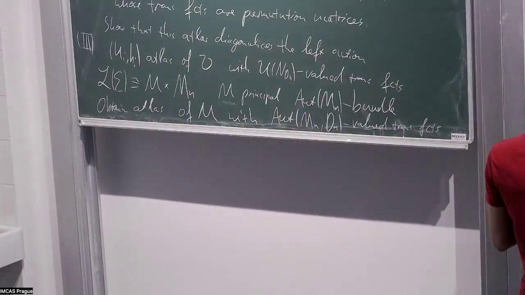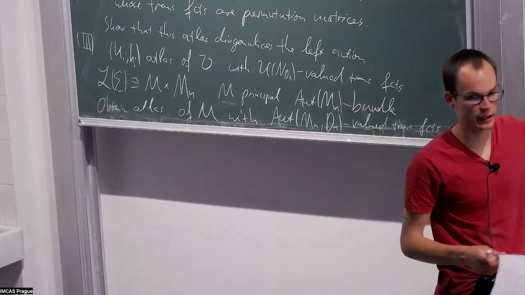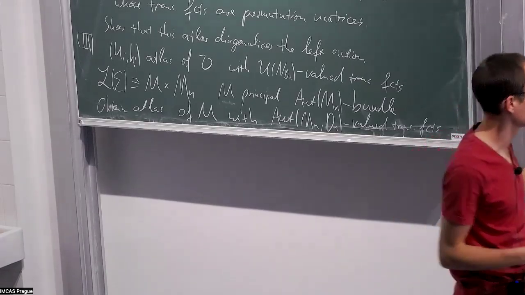And what is this group? Automorphisms of M_n which preserve the diagonal. These are exactly what I just said: all automorphisms phi of M_n such that phi of D_n is equal to D_n. Now, all automorphisms of M_n are inner, so they're implemented by unitaries.